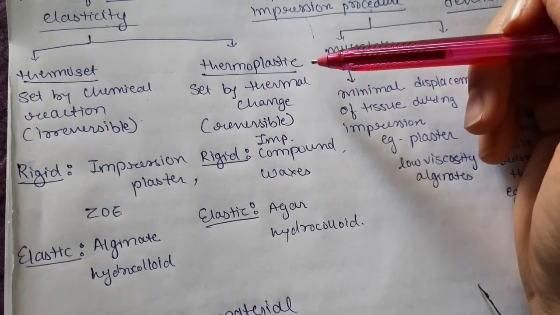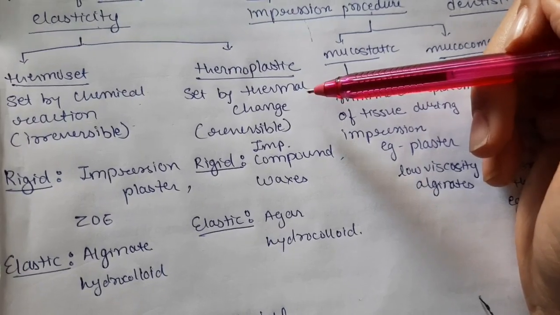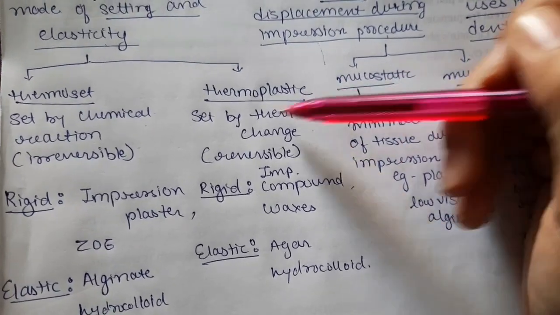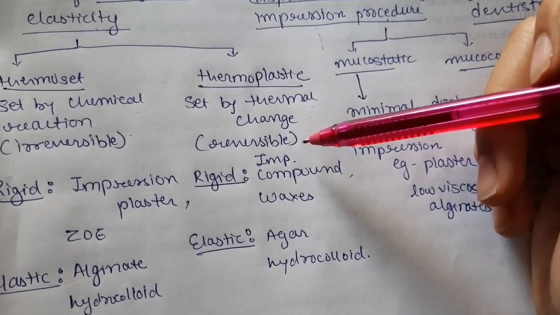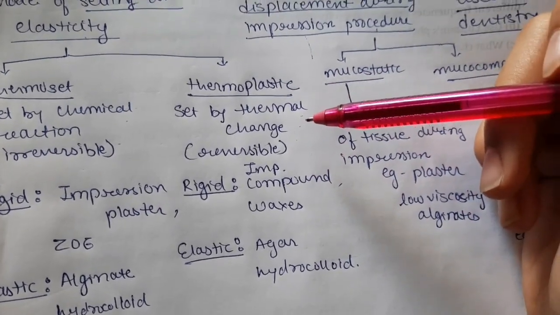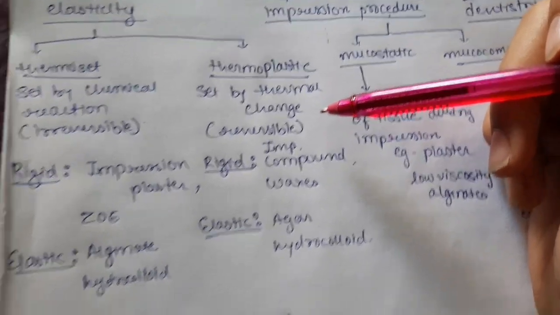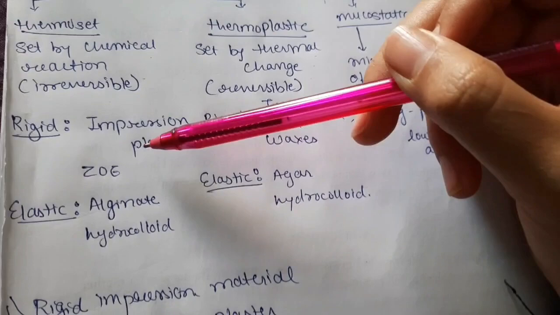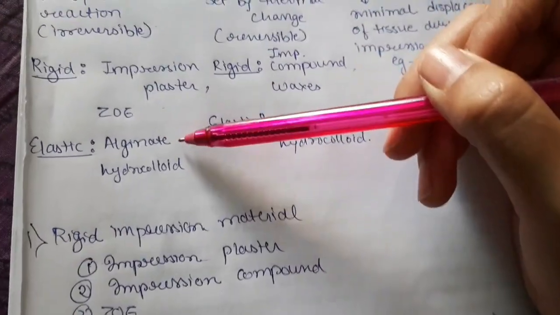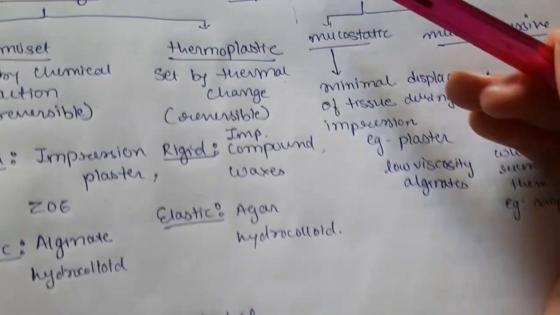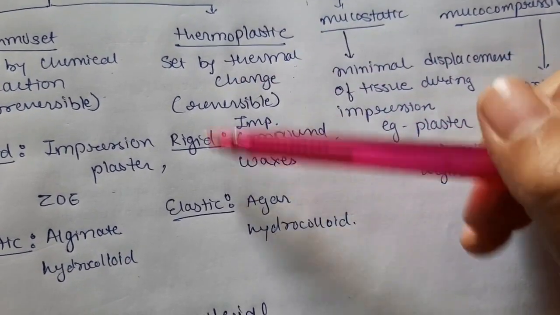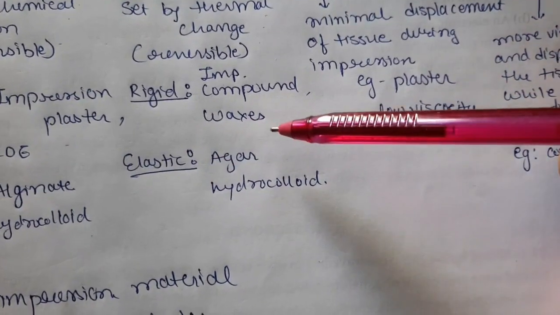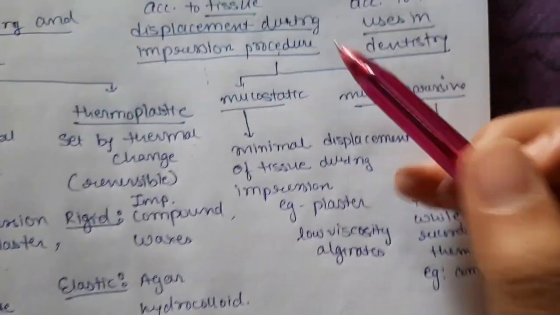Thermoplastic are those which are set by thermal change and are reversible, meaning on applying thermal changes they can take their normal shape and can be reproduced into another shape. The rigid thermoset compounds are impression plasters and ZOE, elastic are alginate hydrocolloid, and thermoplastic materials which are rigid are impression compound and waxes, and elastic is agar hydrocolloid.